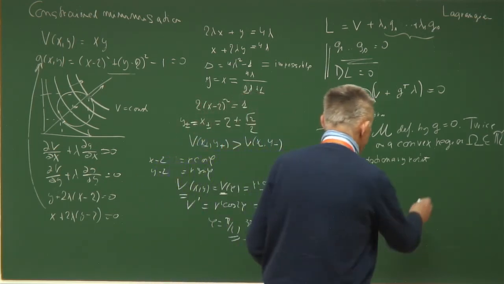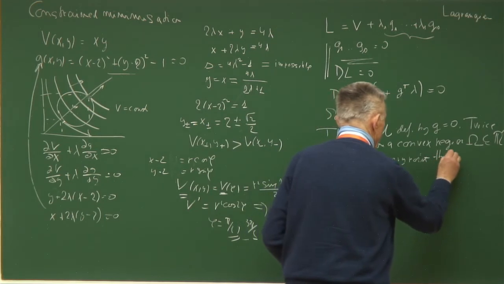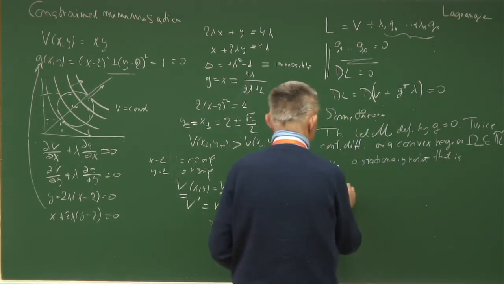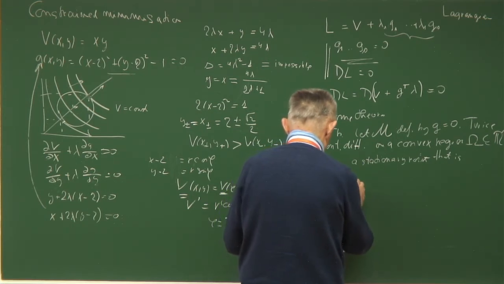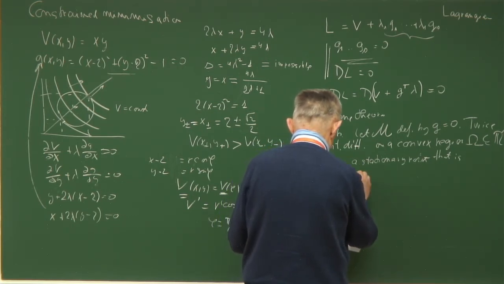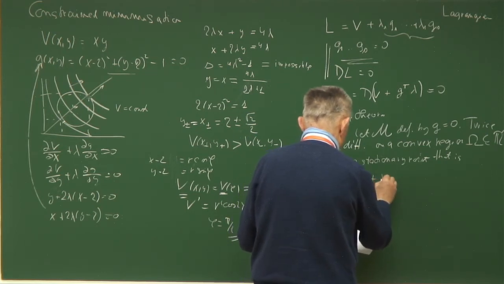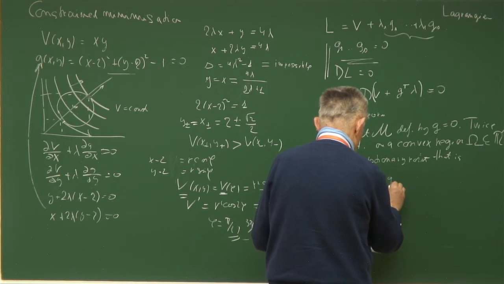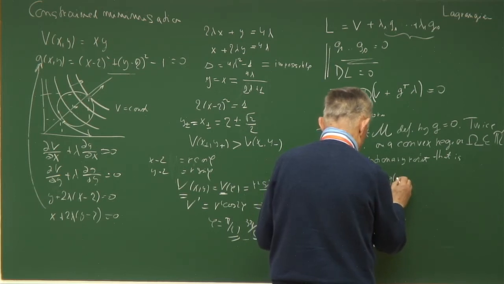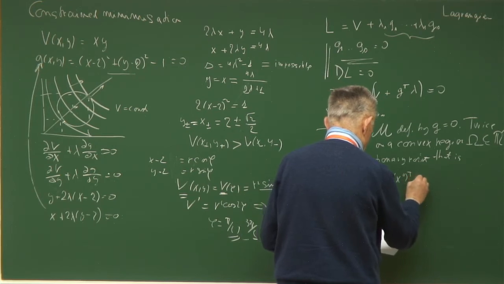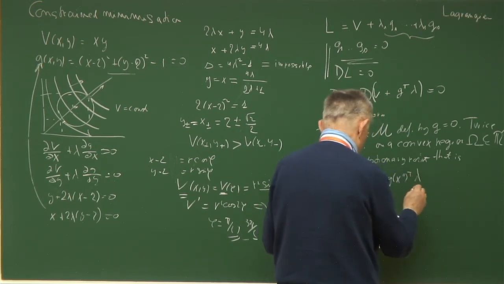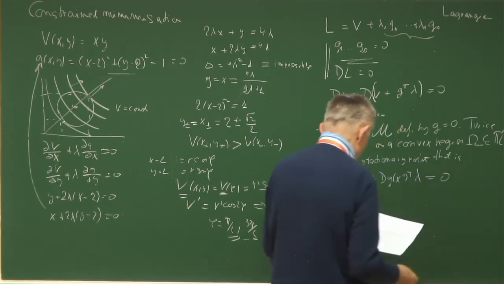Stationary point means dV of x0 plus dg of x0 times lambda is 0.